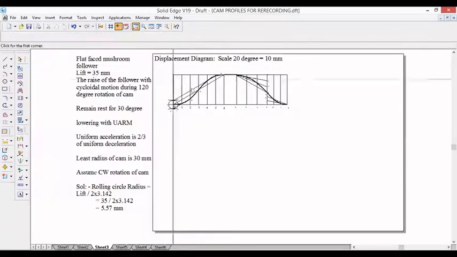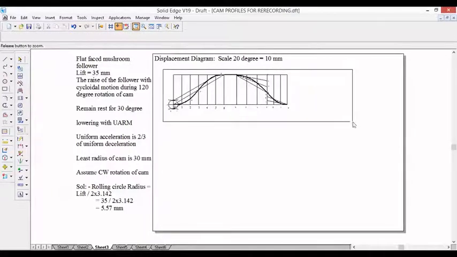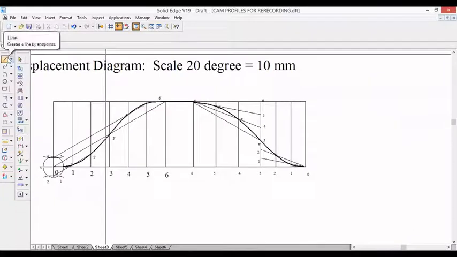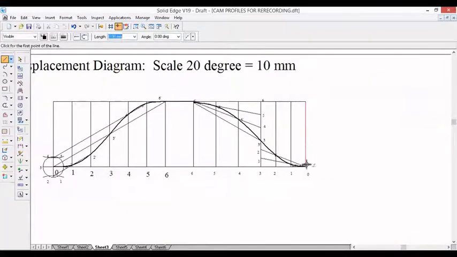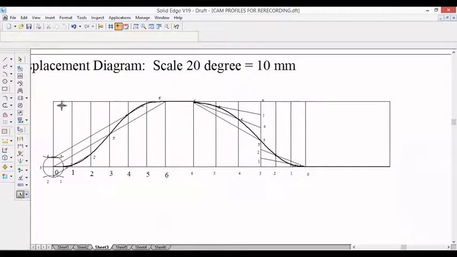So 90 degree divided by scale, we have taken 20 degree is equal to 10 millimeters. So 90 degree divided by 20 degree means 45 mm. 45 mm, 0 degree. The lift is 35 mm and join.